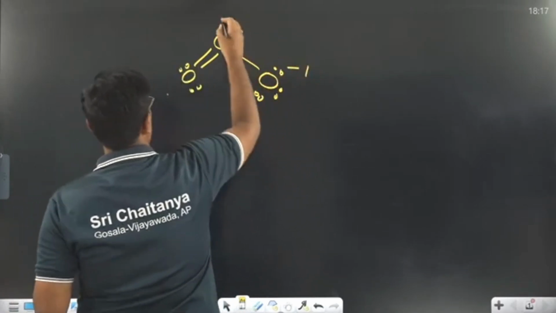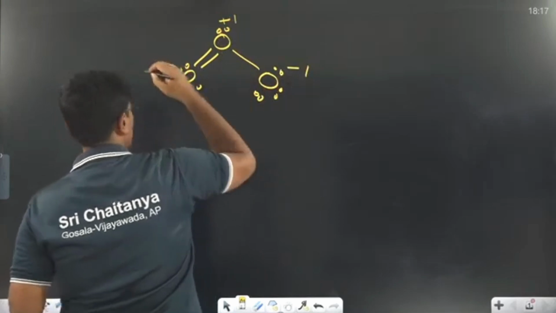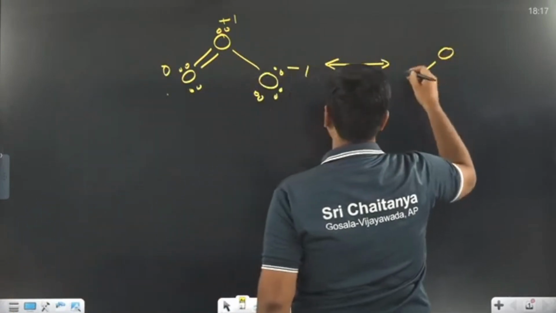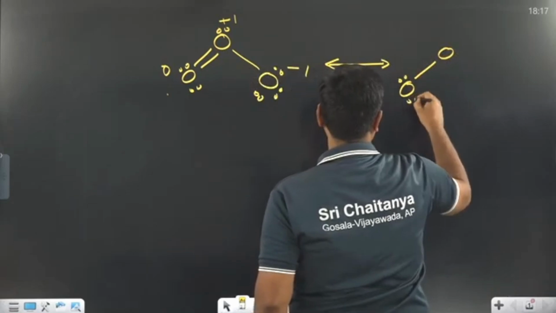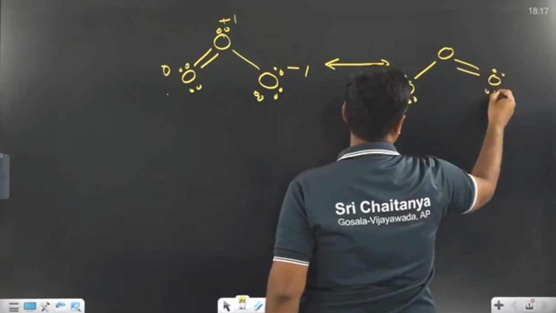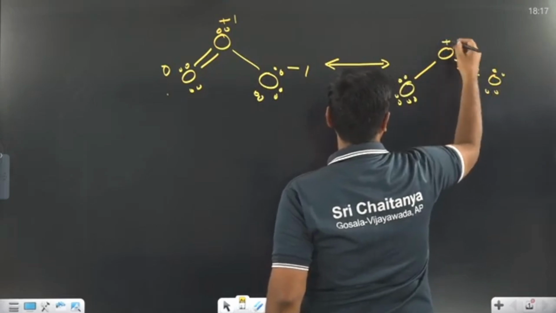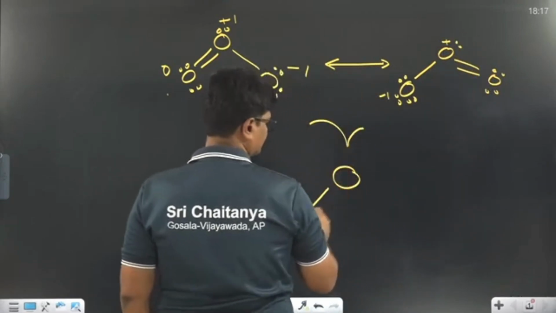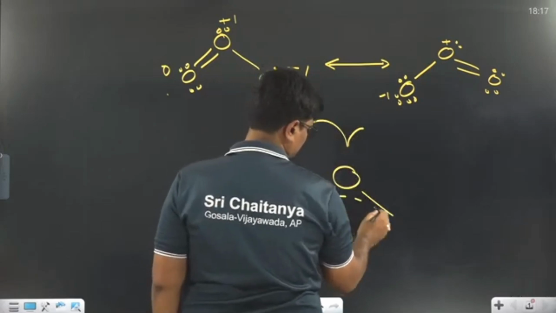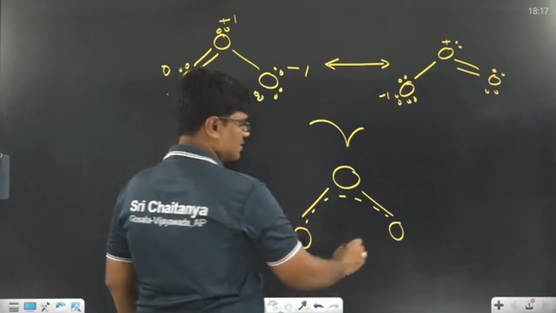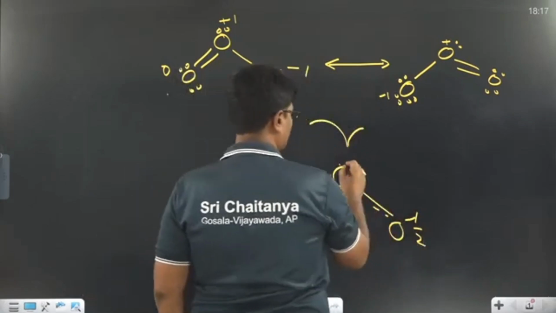There is formal charge -1 and there is formal charge +1 and 0. Here, due to resonance, the formal charge is shared. The resonating hybrid of this ozone molecule is like this. Here the formal charge is becoming half, and this is becoming half, and this is +1 only.